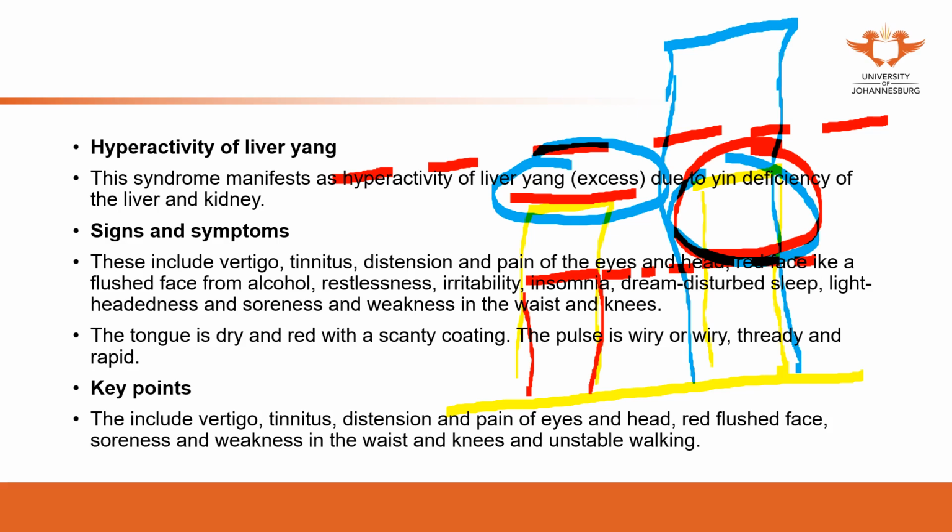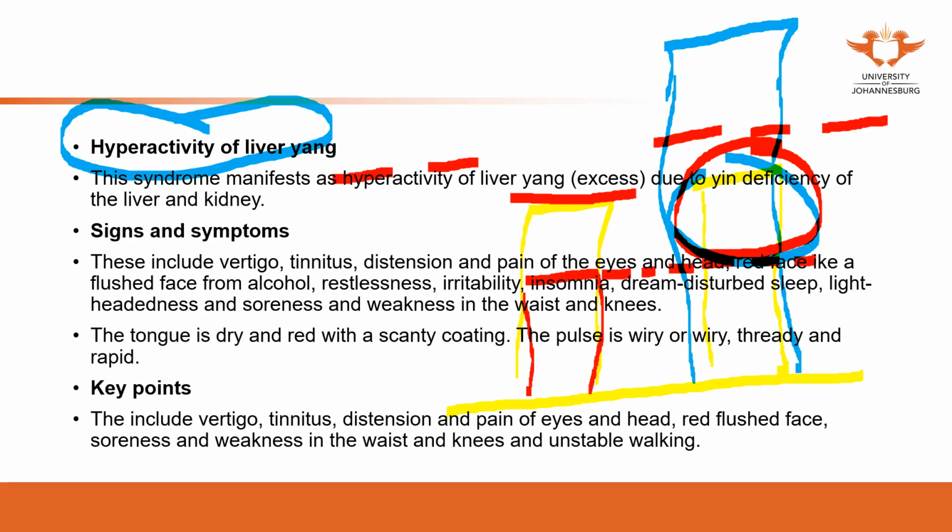The reason why we need to be careful with this term is that for hyperactive yang, the treatments will focus on how to recover the yin. We focus on how to recover these parts of deficiency.